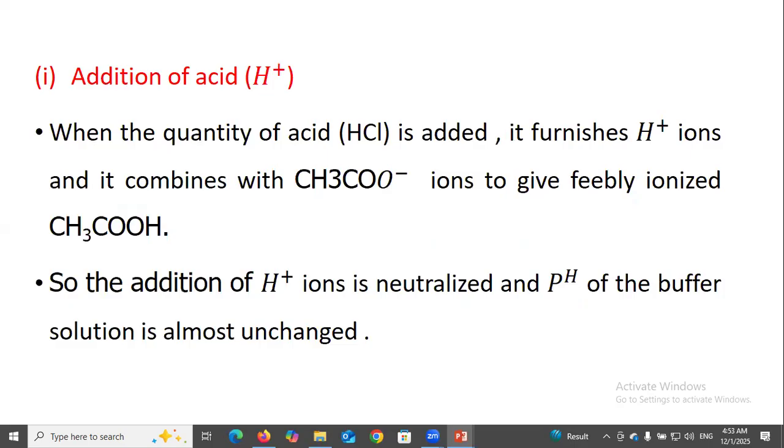Addition of acid: when a quantity of acid is added, it produces H plus ions and they combine with ethanoate ions to form the feebly ionized acetic acid. So the added H plus ions are neutralized and the pH of the buffer solution is almost unchanged.